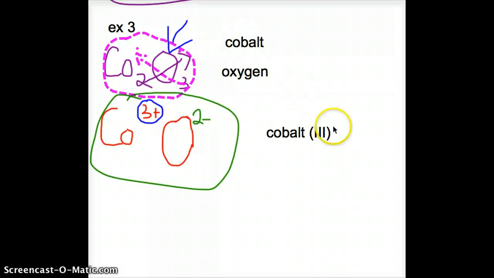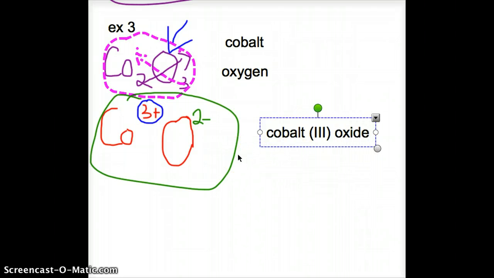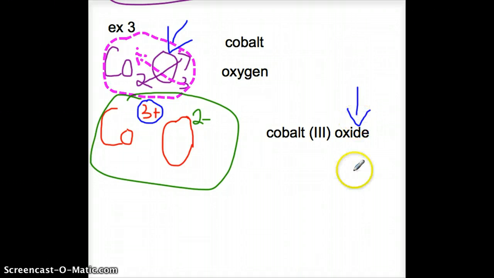And therefore, it will be cobalt (III) oxide. Other than the brackets, all other naming rules for ionic compounds stay the same. So we remember that oxygen does not end just as oxygen, but it ends in -ide.